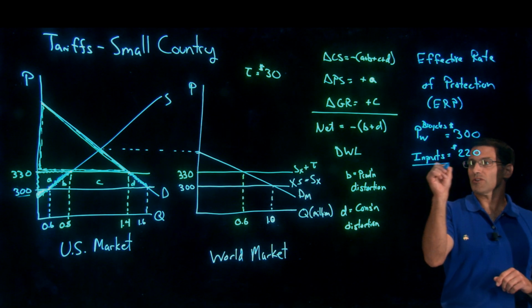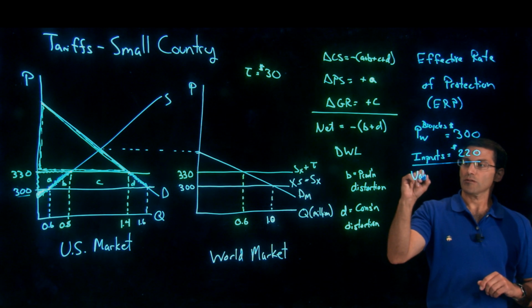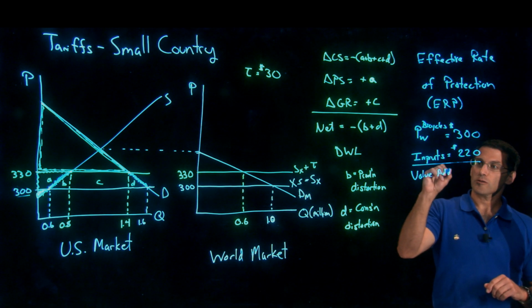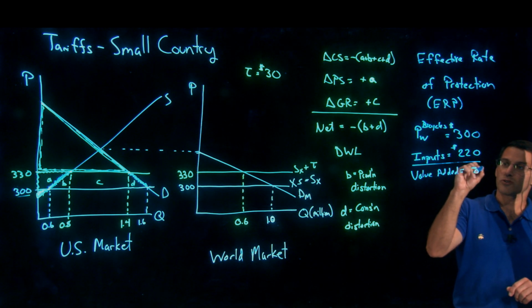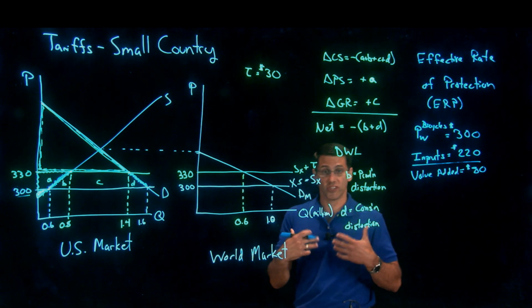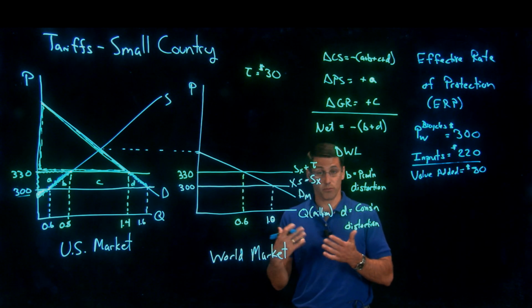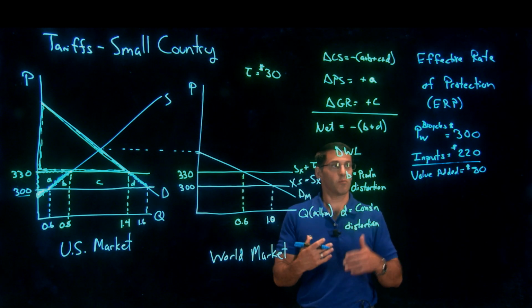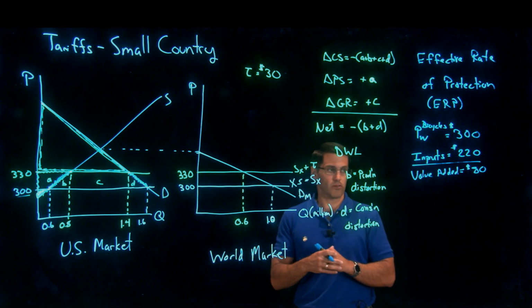So that means you have a value added of $80. And value added subtracts the value of all the purchased inputs that the producer is using from the price at which they are selling their good.